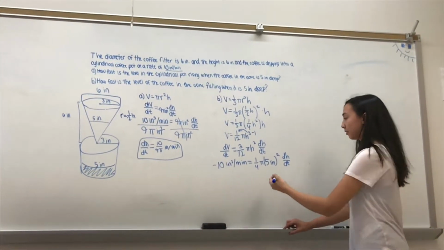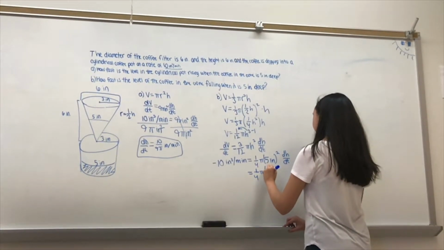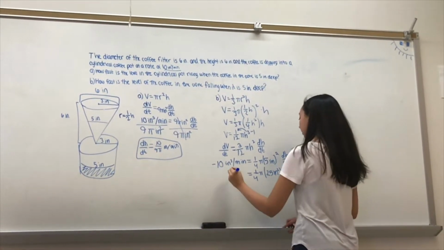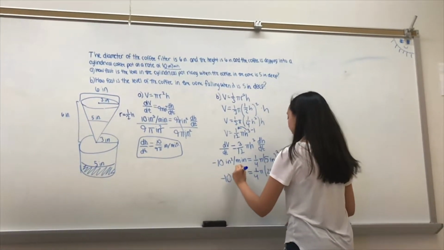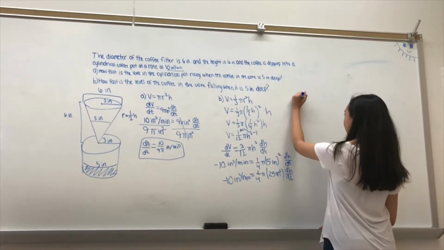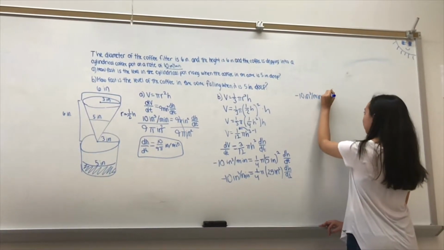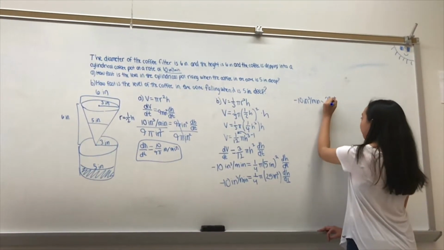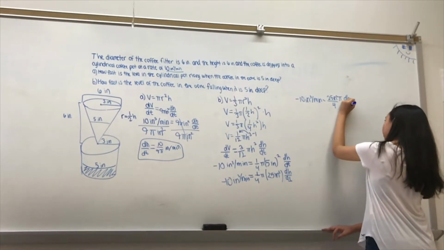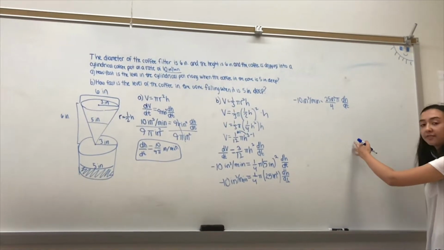Okay, so now we can just simplify this, because 5 inches squared equals 25 inches squared. dh dt equals negative 10 cubic inches per minute. We can multiply these two terms together to get negative 10 inches cubed per minute equals 25 inches squared pi over 4 dh dt. So now to isolate dh dt, we can multiply by the reciprocal, 4 over 25 inches squared.